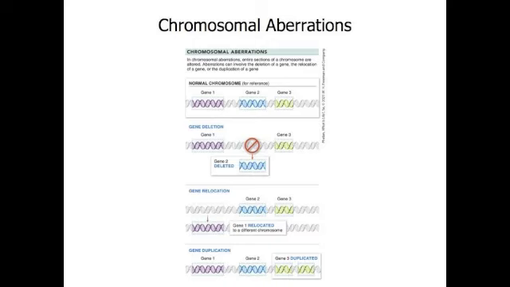They can also involve the duplication of a gene with a new copy inserted elsewhere in the genome. Whatever the type of aberration, a gene's expression, the protein that its sequence codes for, can be altered, as well as the expression of the genes around it.